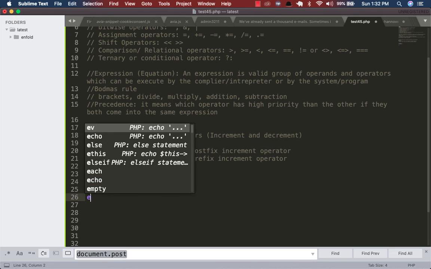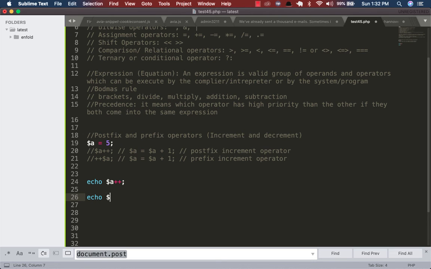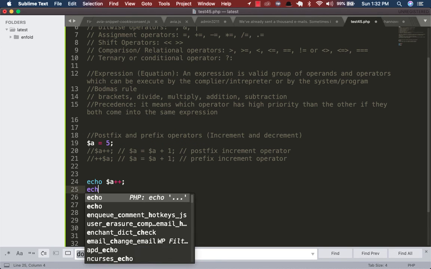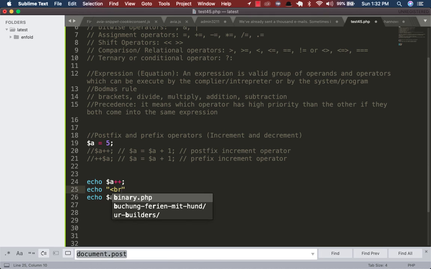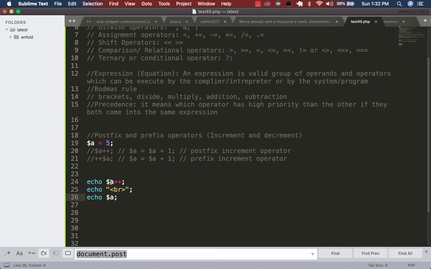So now if I echo a break and then echo $a: first $a's value, which is 5, is assigned to echo.